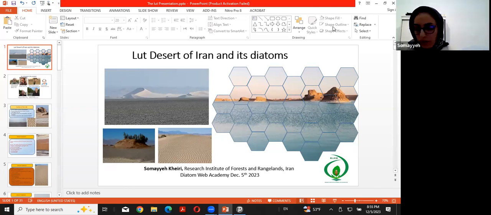So it is the source of life for its biota. So we should keep its conservation, and conserve it.